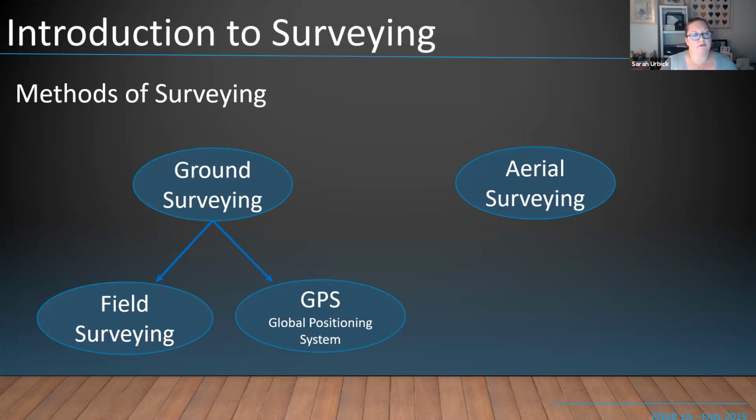Ground surveying, boots on the ground. Our feet are physically in the area. We use GPS. 20 years ago, we had GPS systems hooked to our vehicles and you had to push a button every time you wanted it to record.